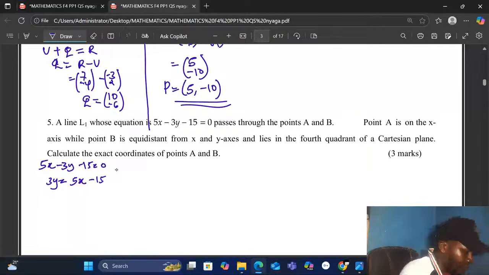So that is in terms of y. Then we divide both sides by 3. Now we have that y is equal to 5 over 3 x minus 5.